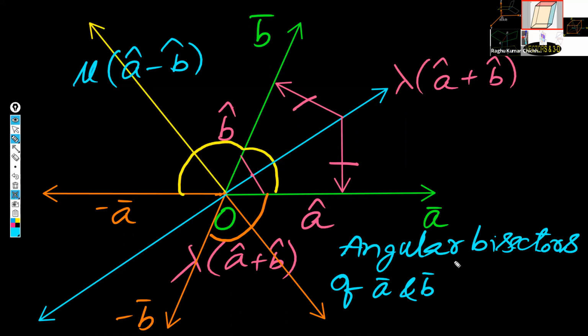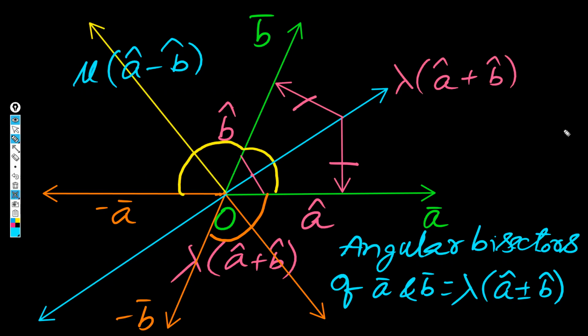You have a good number of previous questions on this one, and in the objectives. Now we simply write it as lambda into (A cap plus or minus B cap). That's it. Plus gives you internal, minus gives you external.